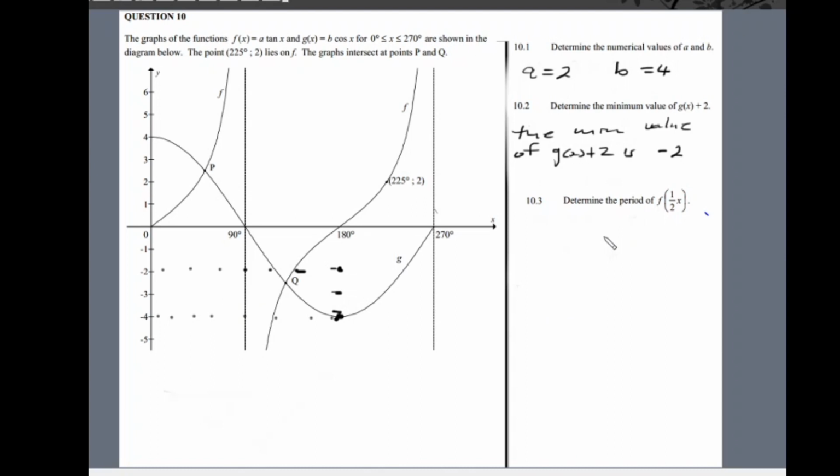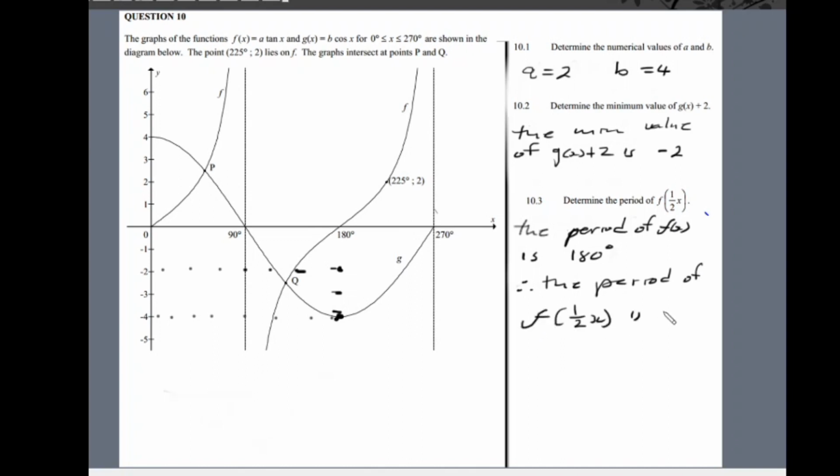So the period of f of x is 180 degrees. Therefore, the period of f of 1 over 2x is 180 degrees divided by 1 over 2, which is 180 degrees times 2.